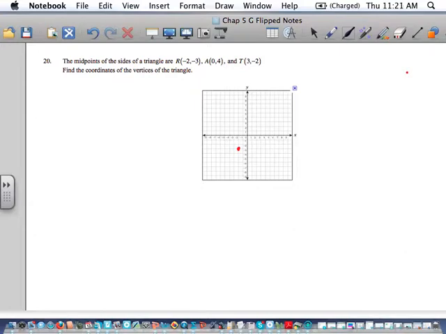I have a point A at 0, 4, right here, and a point T at 3, 2, right here. These are the mid-segments of a triangle, and I am looking for the vertices of that triangle, and I have to figure out where they are.